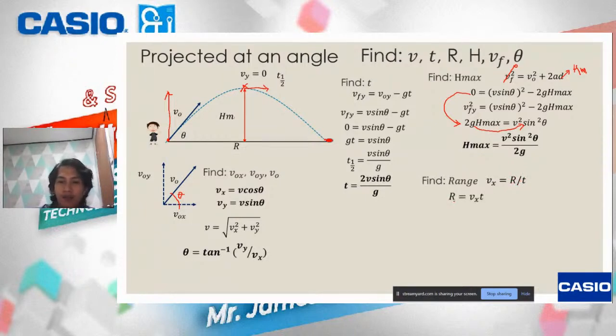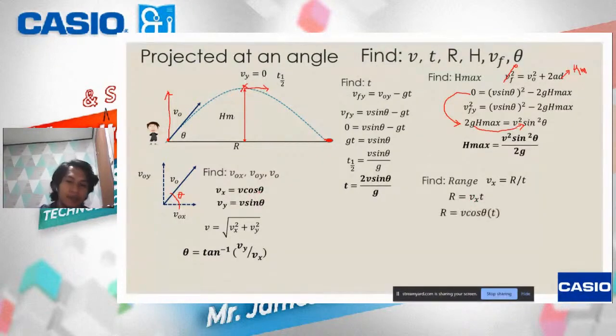Since the total time traveled is equal to this value, and our Vx, since it is projected at an angle, is equal to V cosine theta, we replace Vx with V cosine theta.